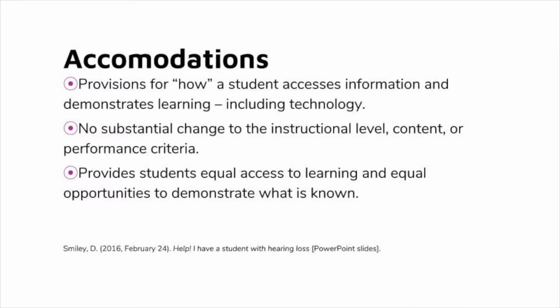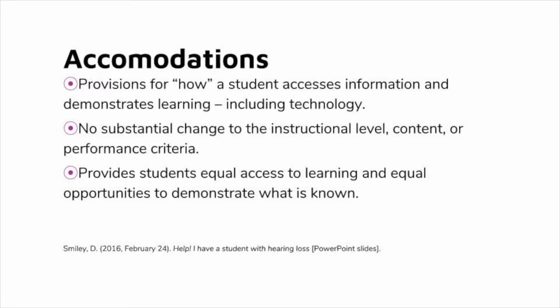Now, what's the difference between accommodations and modifications? Accommodations are provisions for how a student accesses information and demonstrates their learning, demonstrates that they have mastered this information. It also includes technology such as FM systems in the classroom.